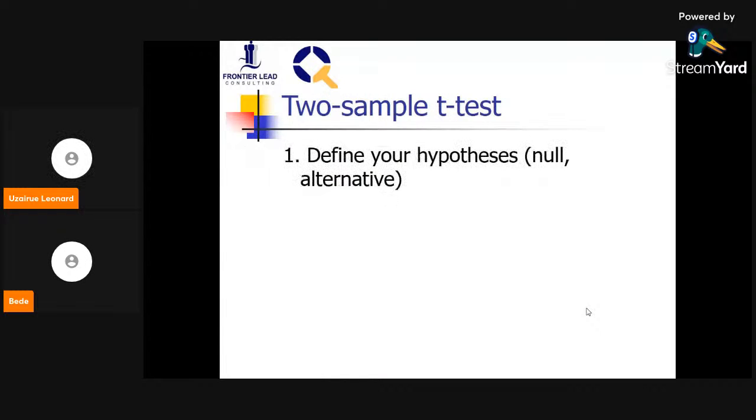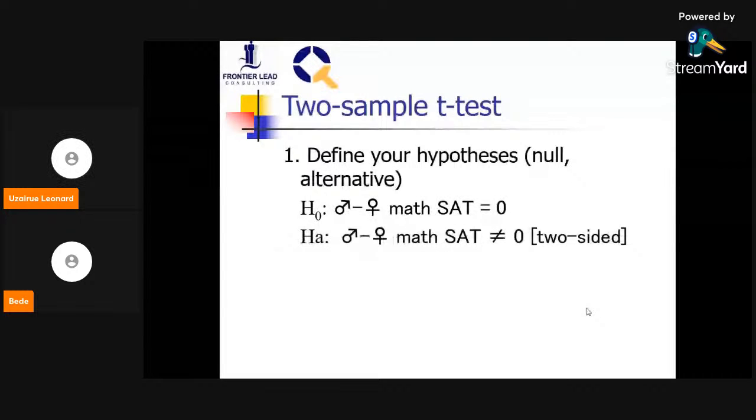So now you have to define your hypothesis. We have two types of hypotheses: null and alternate hypothesis. In this case, the null hypothesis is that male math start score minus female math start score is equal to 0, while the alternate is that male math start score minus female math start score is not equal to 0.